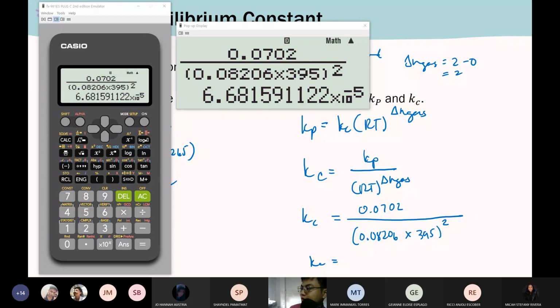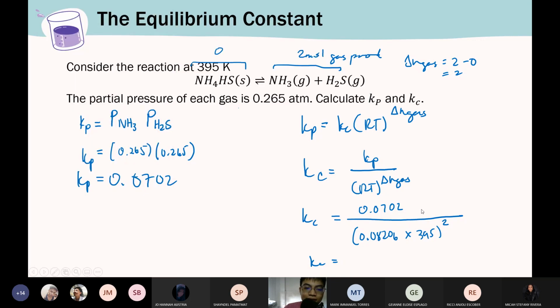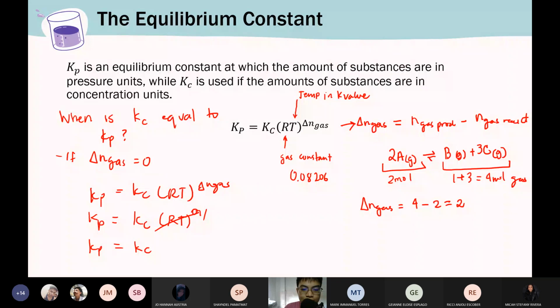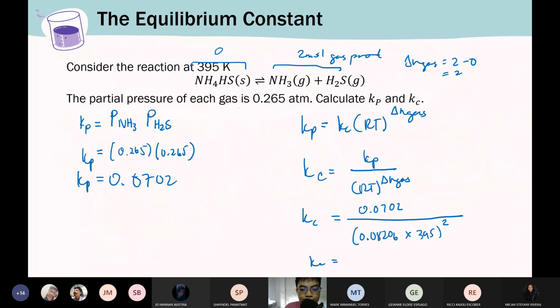Where did the 0.08206 come from? The 0.08206, that's the gas constant. That's the R, the gas constant. Let's recall, this is it, 0.08206. This is also it. So that's the gas constant.